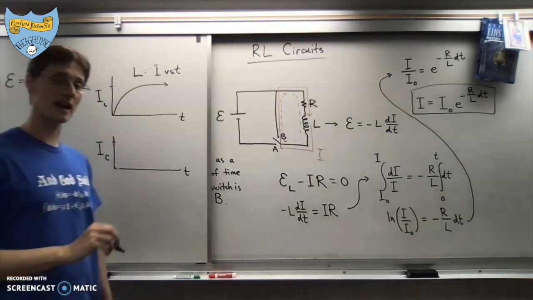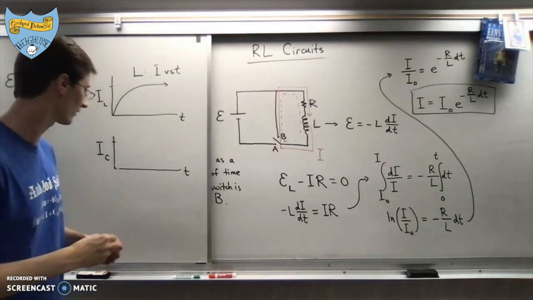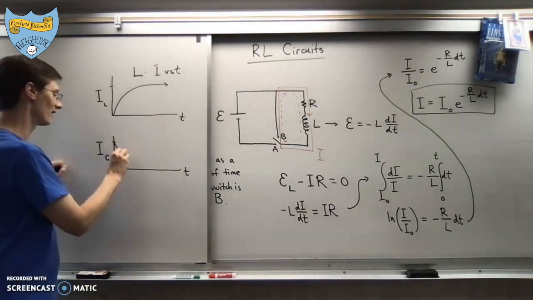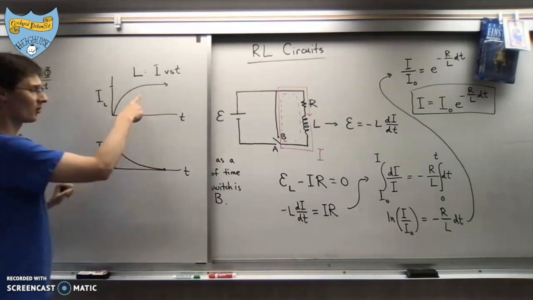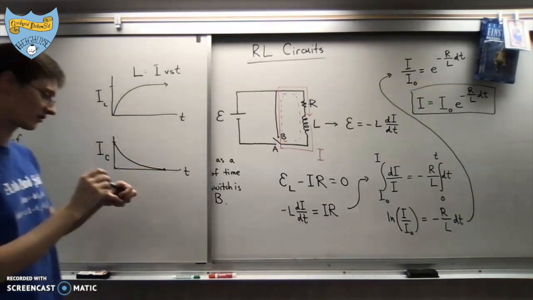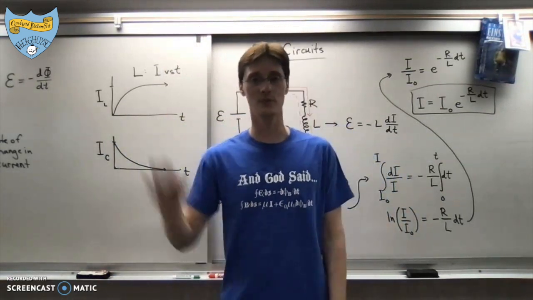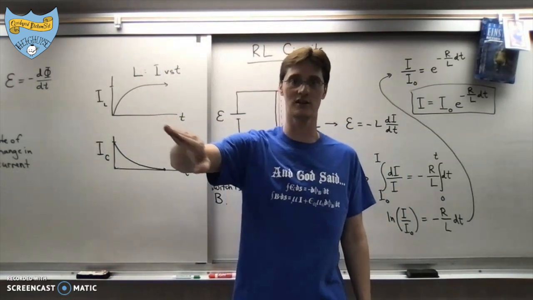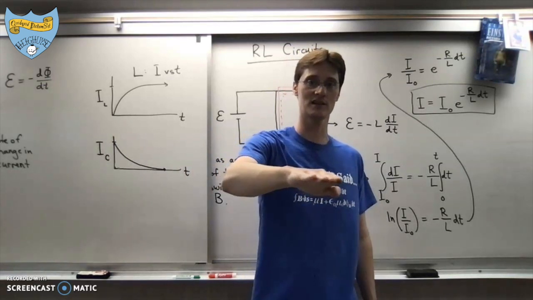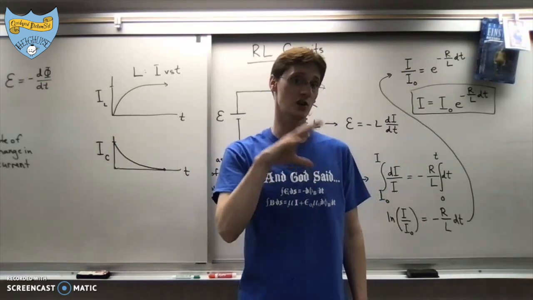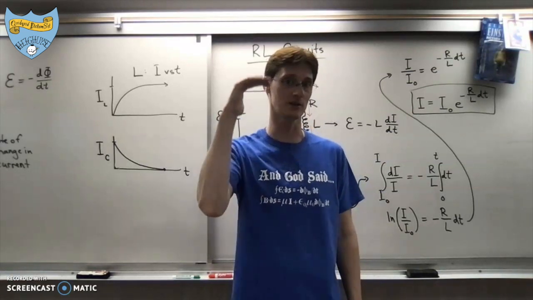If I made this a graph of current in the capacitor, you may recall that what that looks like is pretty much the polar opposite of that. It's exponential decay. As the capacitor charges, it permits less and less current to pass through because its opposition to the flow of charge increases as the charge on the capacitor increases.